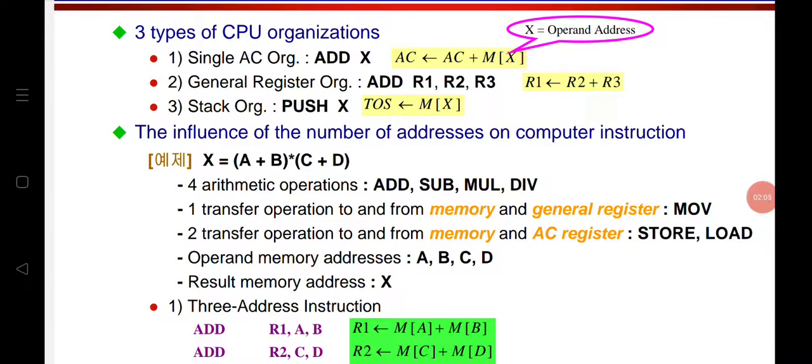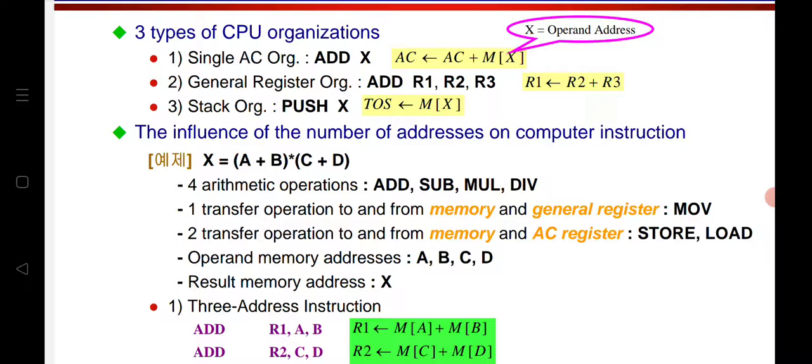Now, whenever we go with the CPU organization, basically we have three types of CPU organization. One is your single accumulator organization.